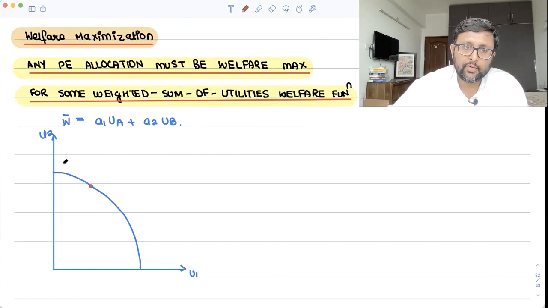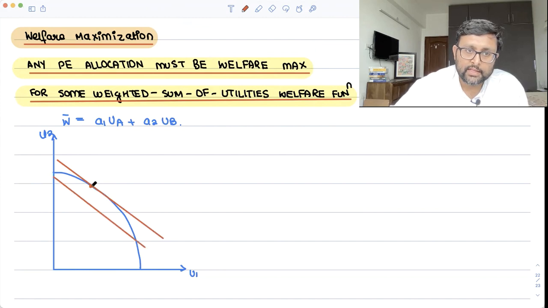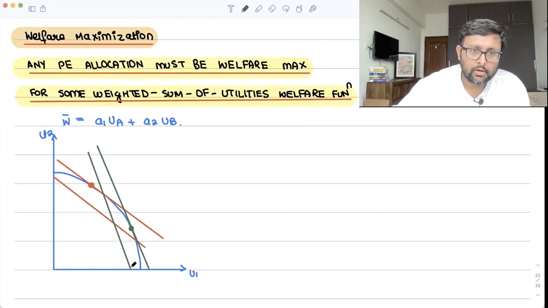So if I want to see whether this Pareto efficient allocation must be maximizing social welfare, then I know that if my iso welfare functions are going to be like this, then this allocation becomes the welfare maximizing. So where am I maximizing? I'm maximizing here.